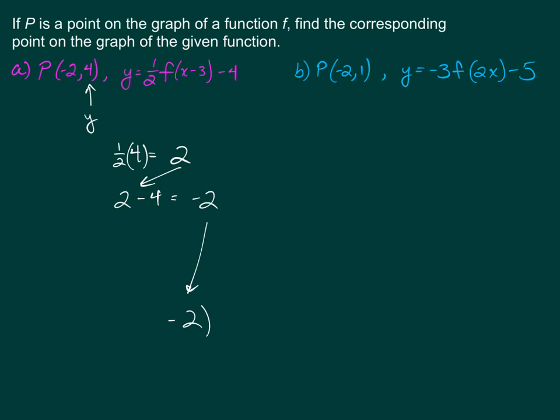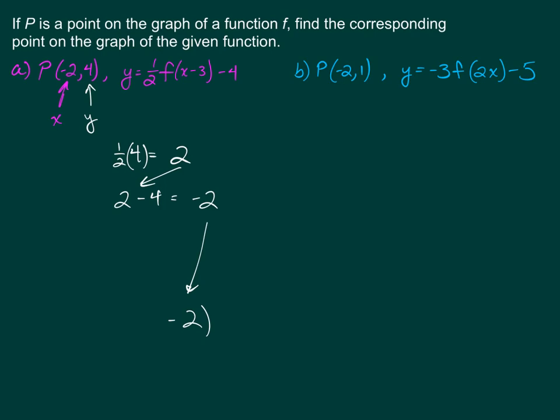For the x value, it ends up being just a little bit stranger, and that is because we don't just apply this inside to the x coordinate. What you do is you set this inside equal to the x coordinate, and that will allow you to find what the new x coordinate will be.